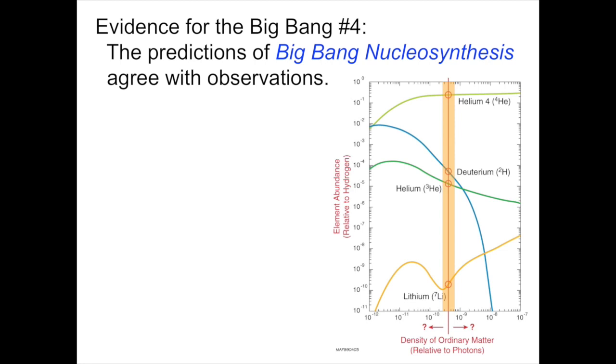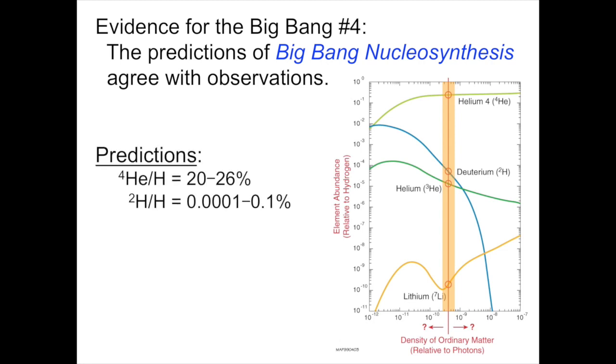The predictions of Big Bang nucleosynthesis agree very strongly with observations. The predictions are that we should expect to see a ratio of helium to hydrogen coming out of the Big Bang between 20 and 26%, and a ratio of deuterium to hydrogen between 1/10,000th of a percent and 0.1%.